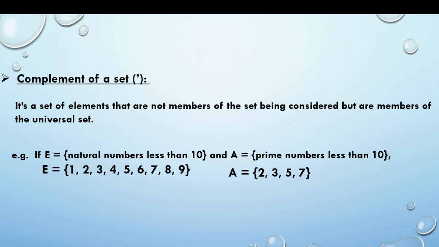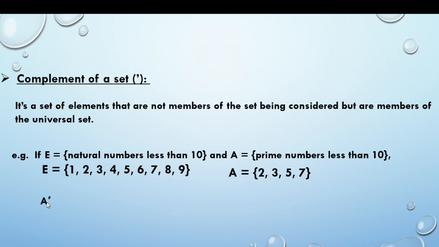So prime numbers less than 10 are 2, 3, 5, and 7. So these numbers can only be divided by 1 and themselves so that they don't give out a remainder. So A is a set of prime numbers less than 10, which are 2, 3, 5, and 7.